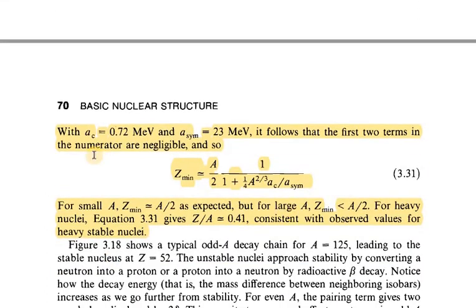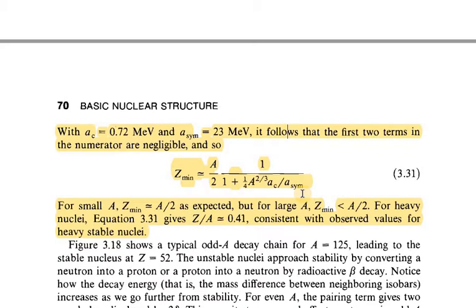Then with a_c equal to 0.72 MeV and a_sym equal to 23 MeV, we substitute these values into that equation. The equation will be approximated to Z minimum equal to A/2 into 1 by (1 plus 1/4 A^(2/3) a_c/a_sym).